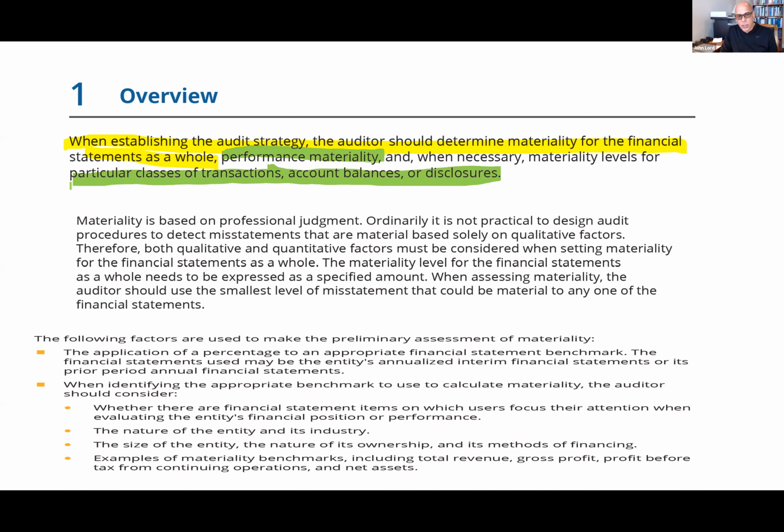So there could be 3 levels, and we're going to do that overall financial statement materiality. We'll come up with a performance materiality that's going to be less than the overall financial statement materiality. And then if we have a particular footnote disclosure that is particularly important, we might even bring that materiality to a different threshold.